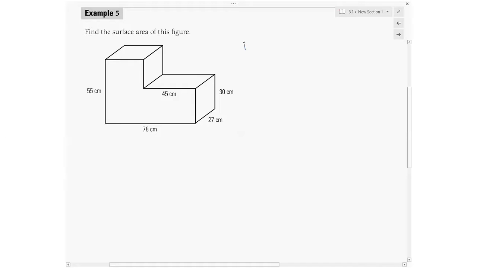So the bottom here, there's going to be a rectangle on the bottom, and it's 78 centimeters long and 27 centimeters wide.